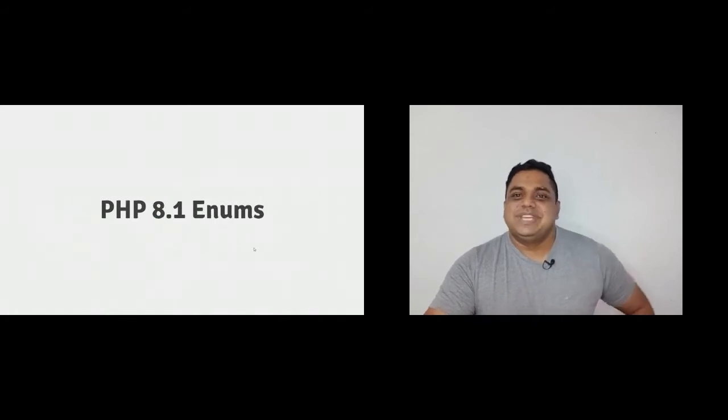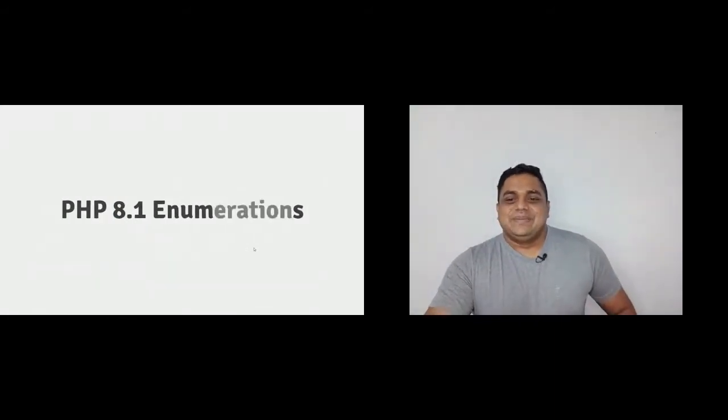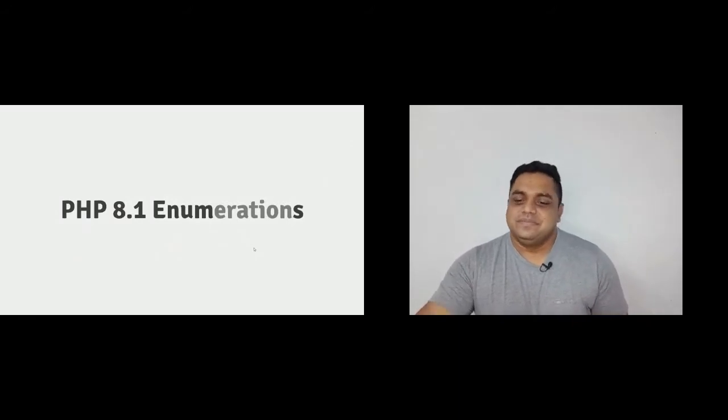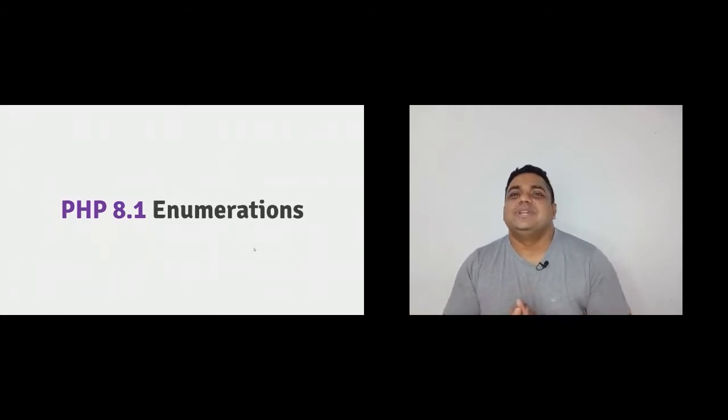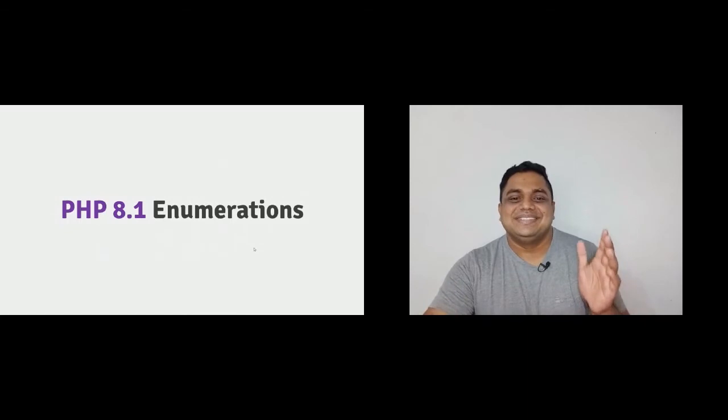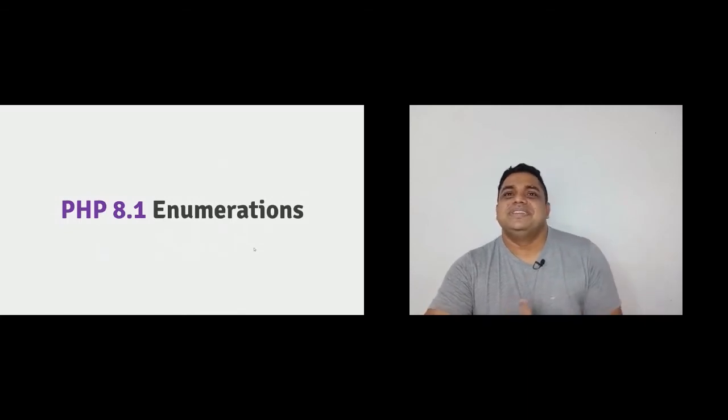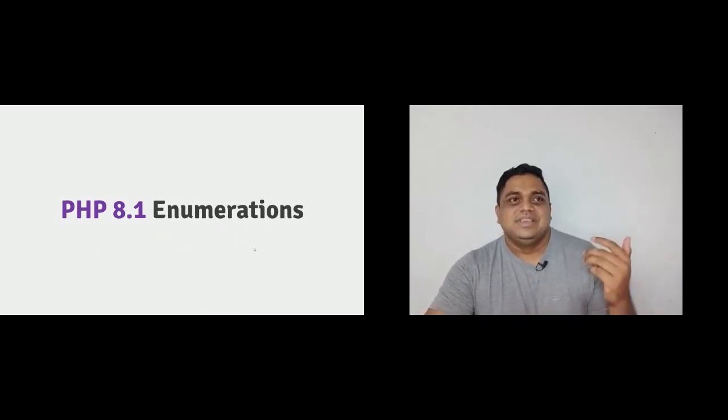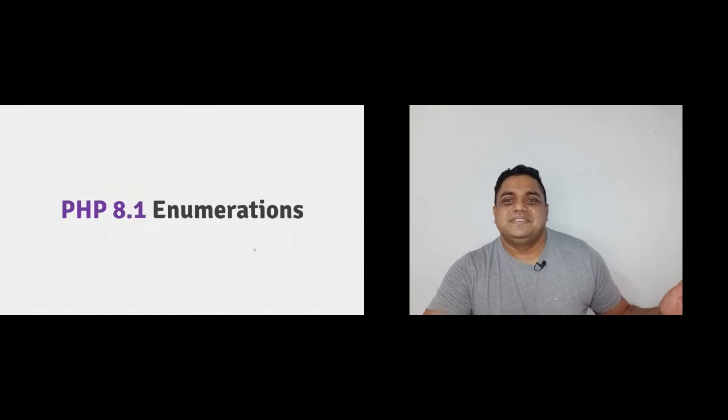So, back to PHP 8.1 Enums. We also like to call them enumerations in English. This is a feature in PHP 8.1. Now, PHP 8.1 is not even released yet, but this is a feature that I'm personally very excited about, and I hope you will be too. There are more messages in the mailing list, and there were previous attempts to bring enums to PHP, and it's finally here.